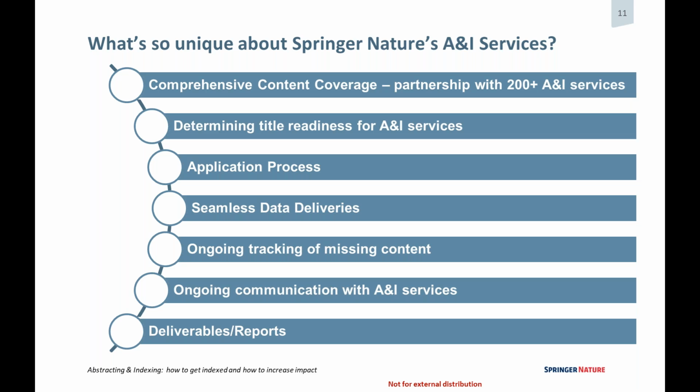So the ANI team at Springer-Nature proactively makes sure that the missing content is covered. We have a dedicated team who keeps track of the missing content and then reports to each service that this data is missing, so make sure that you index it.